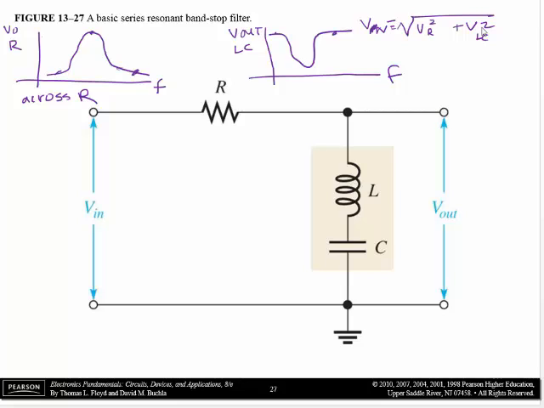It depends. So you can look at the output across the resistor and then you have a passband filter. But if you look at the output across the L and the C, you end up having what's called a band stop filter, also called a notch filter. So this is a band stop. Your book calls it a band stop filter because it's stopping a band of frequencies from getting through. But in industry it's often called a notch filter, because it's like a notch in the spectrum. So that's a notch filter.